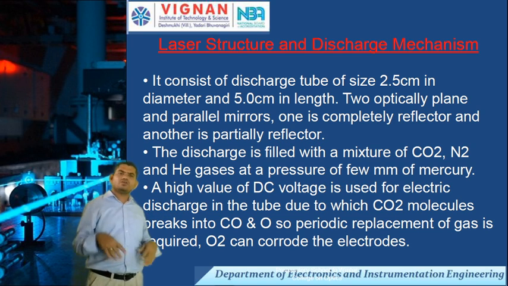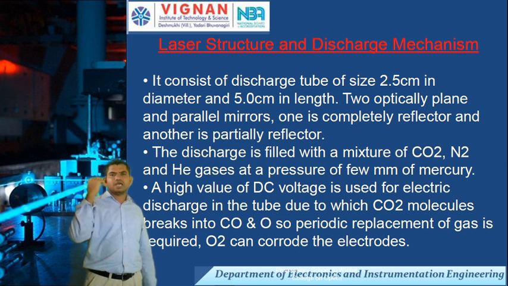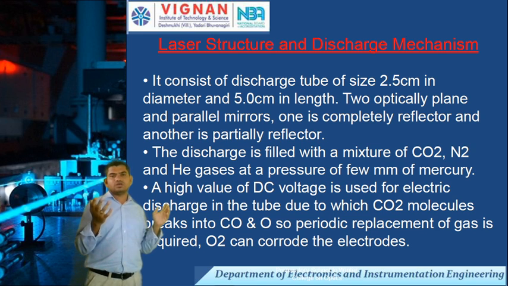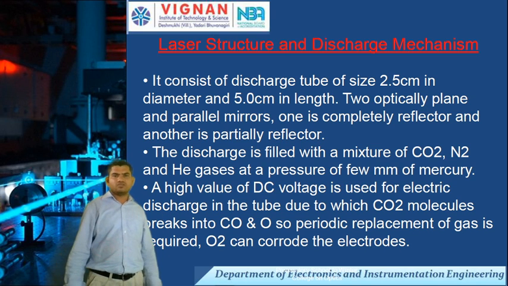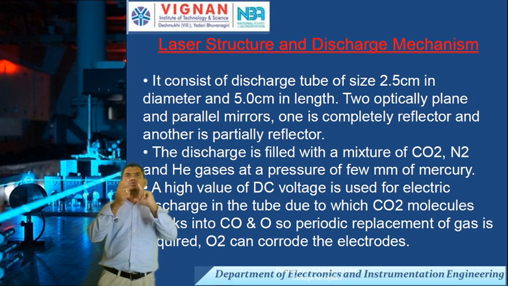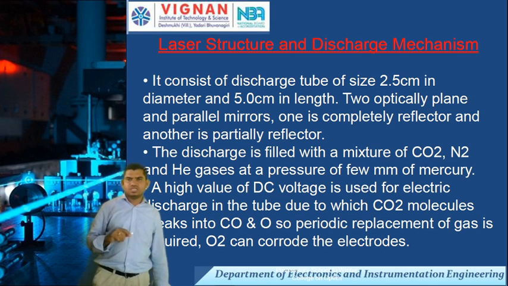When a high value of DC voltage is used for electric discharge in the tube, the carbon dioxide molecule breaks into carbon monoxide CO and oxygen O. So periodic replacement of gas is required, and oxygen can corrode the electrodes. For this breaking of CO2, we apply a high DC voltage.